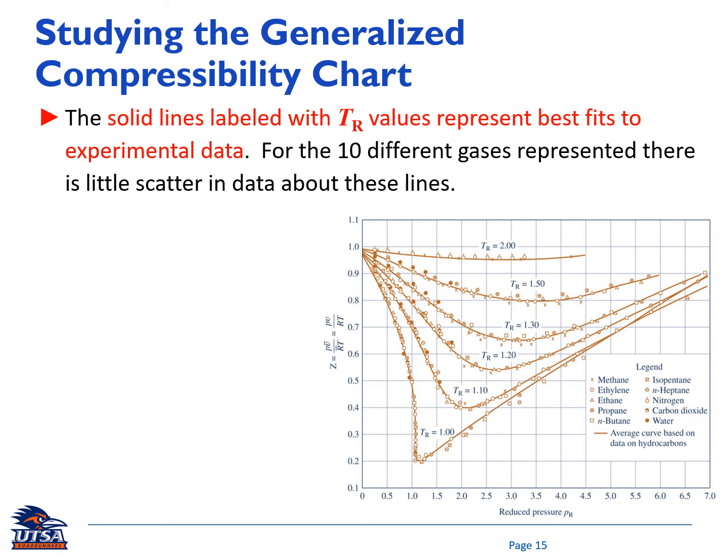Here I have the solid lines, once again labeled as TR. If I go down I have different TR values, so it decreases. The message for this chart is that this line is built based on the scattered points, which come from test data.